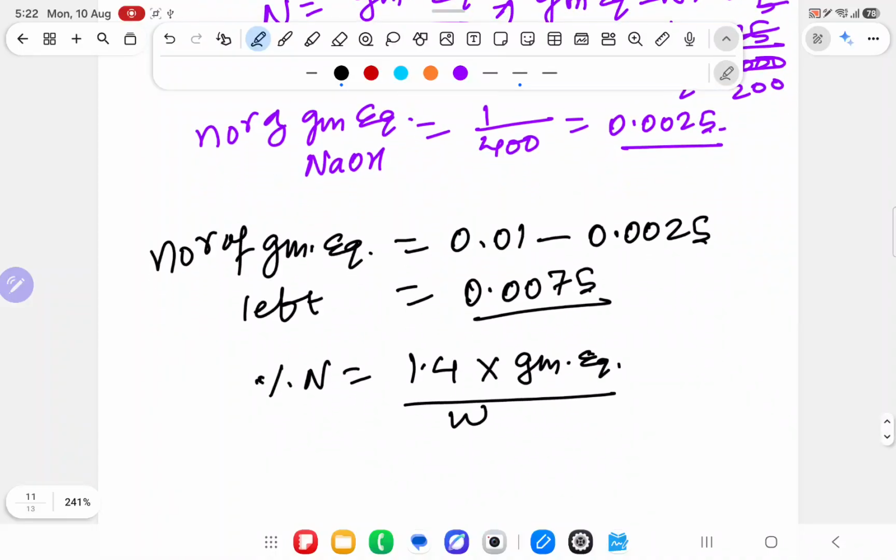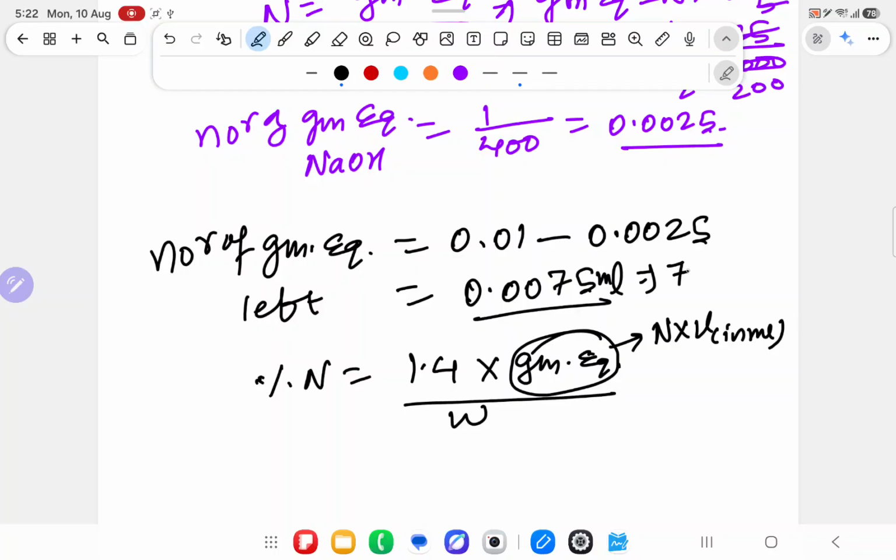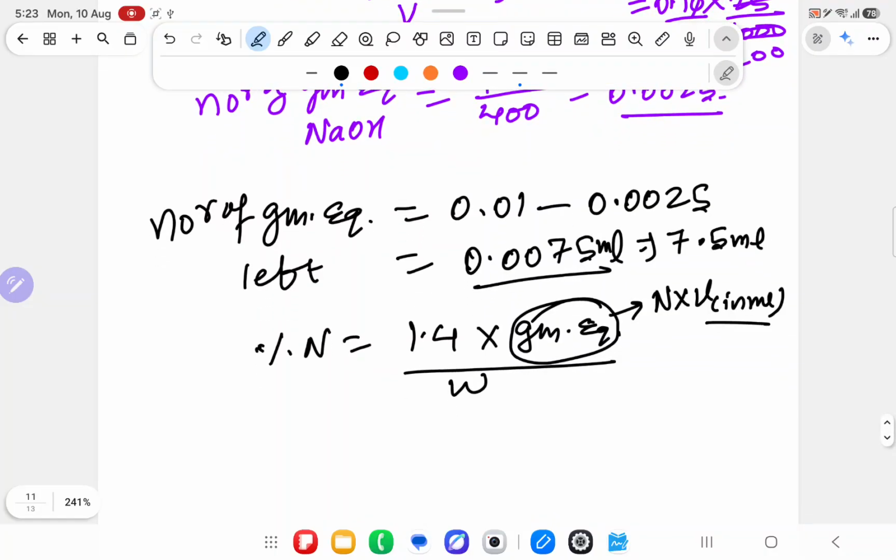This is used. The formula is percentage of nitrogen equals 1.4 into gram equivalent upon weight of organic compound. Whenever you write gram equivalent here, in place of that you write normality into volume in milliliter, and this is coming in liter. To convert that into milliliter, multiply by 1000, so you will get 7.5 milliliter.